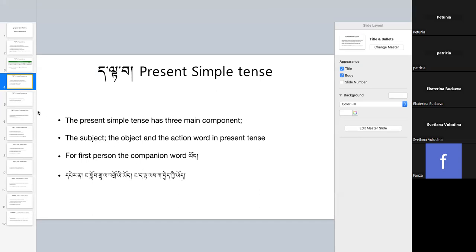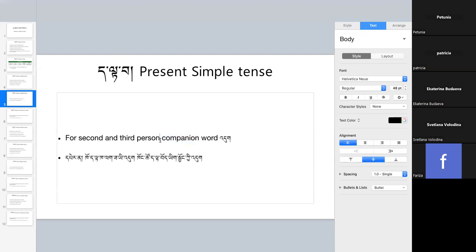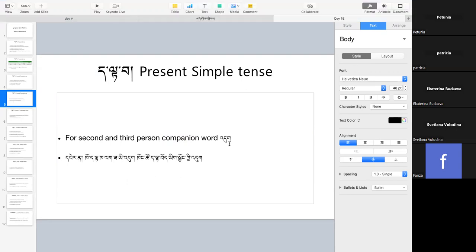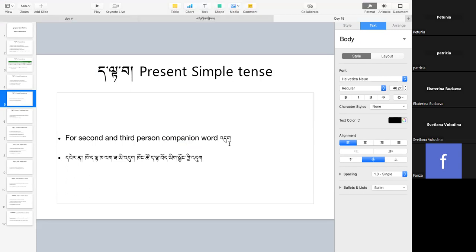And then we see that when we're using it with the second and third person, the companion word becomes tuk. For example, ko tata kala sahi tuk. Kongzo tata pui jongki tuk. So this is present simple.